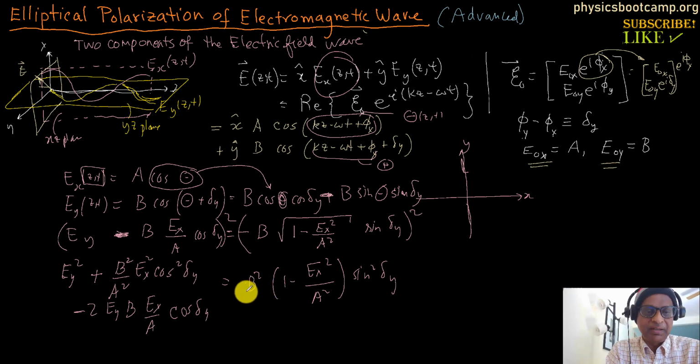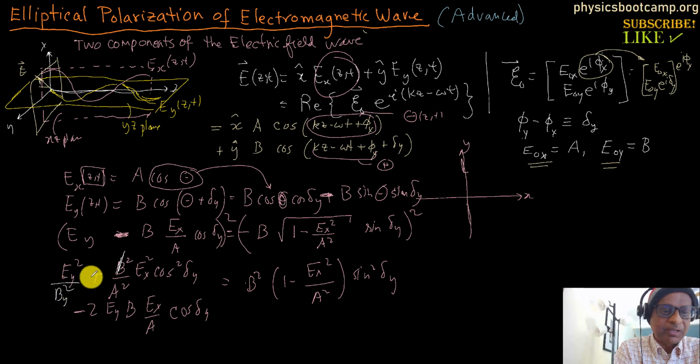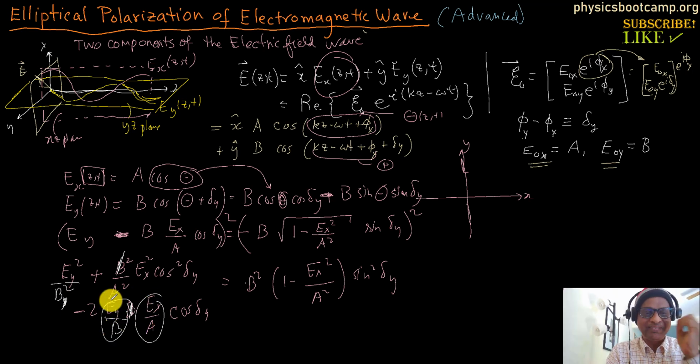Okay, let's divide by b square. So this is 1, this becomes Ey square over b square, and this becomes Ey over b. So it's like Ex over a and Ey over b, going nicely. Okay, and so this goes away.